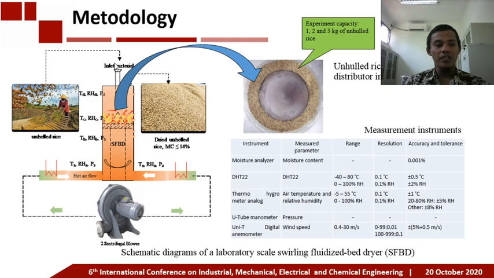During the drying process, temperature, relative humidity, and pressure are measured. There are three capacity variations: 1, 2, and 3 kilograms, with a drying time of 45 minutes and 55 degrees Celsius for the temperature in the drying chamber.